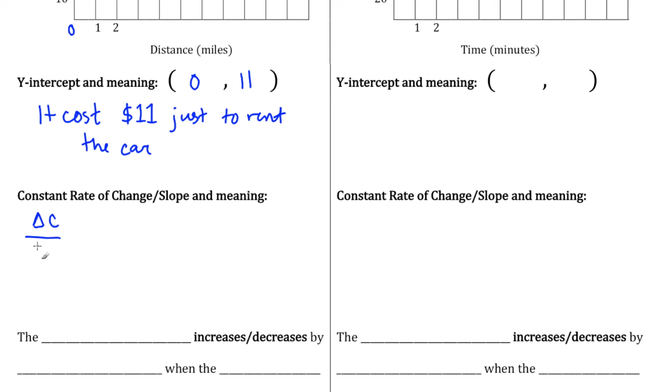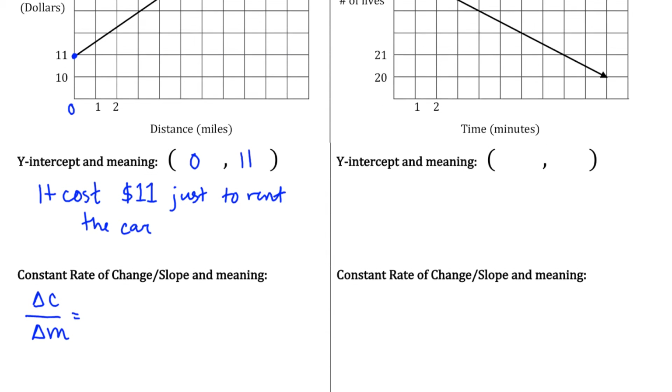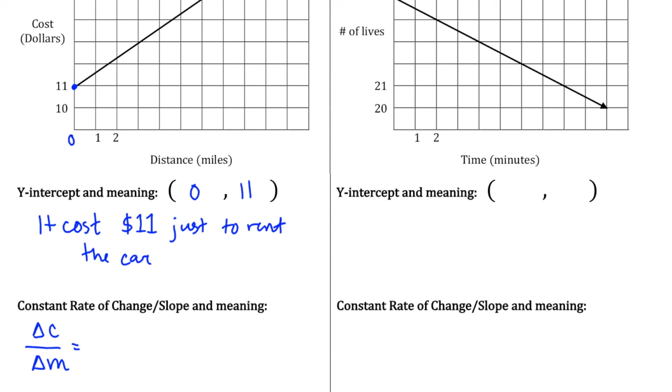You can do it any way you want. You could put change in distance if you want here. I just prefer to put the unit because the equations make more sense to me, more quickly. So change in cost over the change in miles.